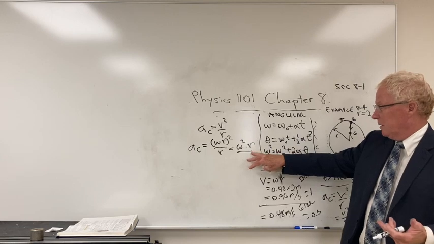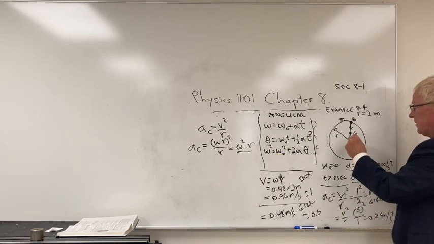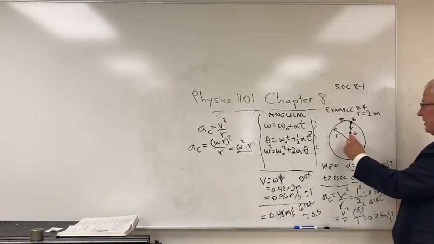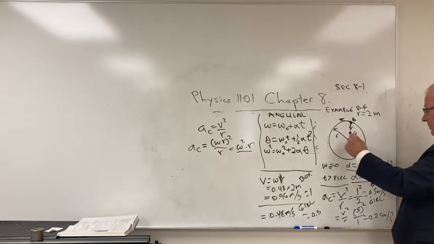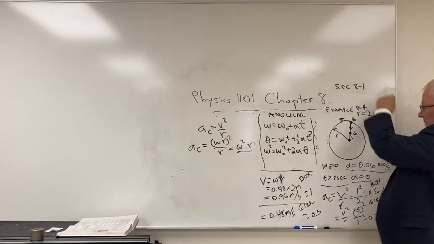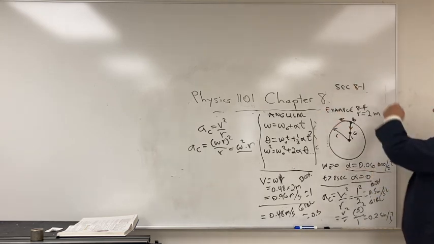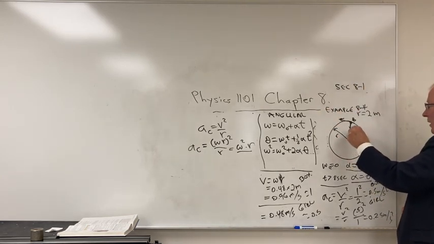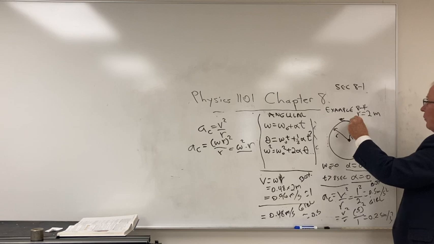proportional to the radius from the center, which makes sense because if you're at the center, you're experiencing no centripetal acceleration. The farther out you are, the faster linear speed you actually have. So you go out twice as far, it would be twice as fast.